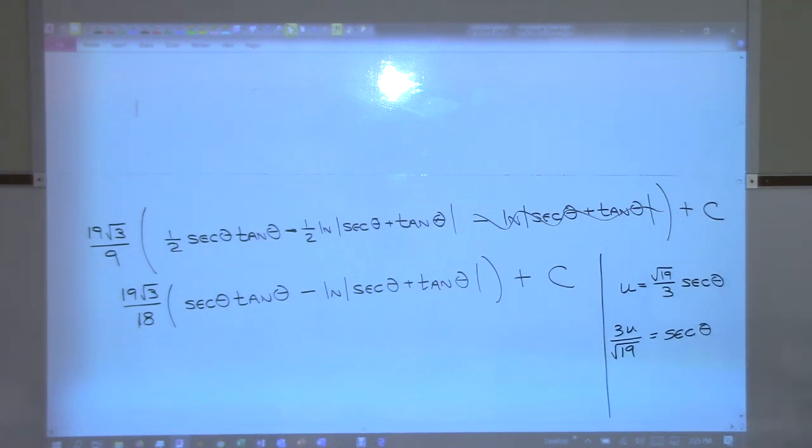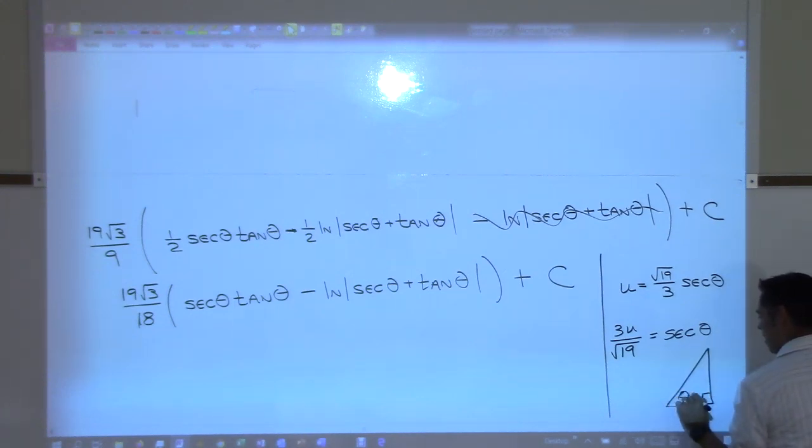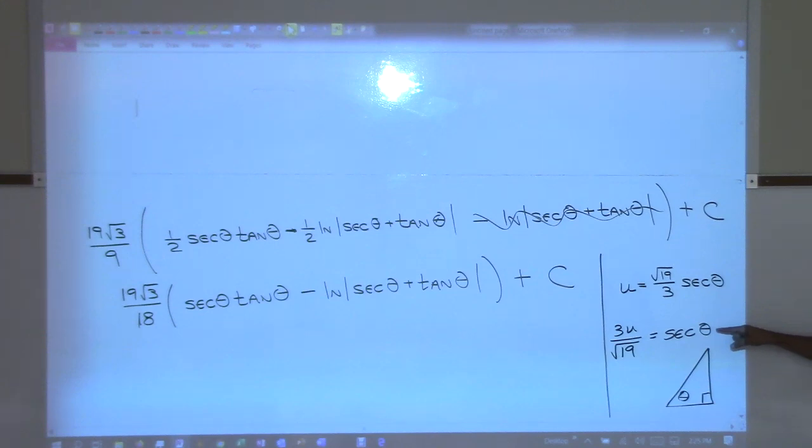Yeah, okay, let's go. So I draw my triangle. All right, secant is the reciprocal of cosine. So that's not adjacent over hypotenuse, that's hypotenuse over adjacent, right? So this is 3u and this is root 19.